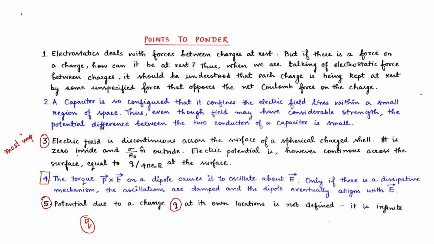This charge is present out of a system and its potential is defined to be infinite. We say that this charge contains infinite potential because there is no other test charge which we can bring into this system to calculate its potential.